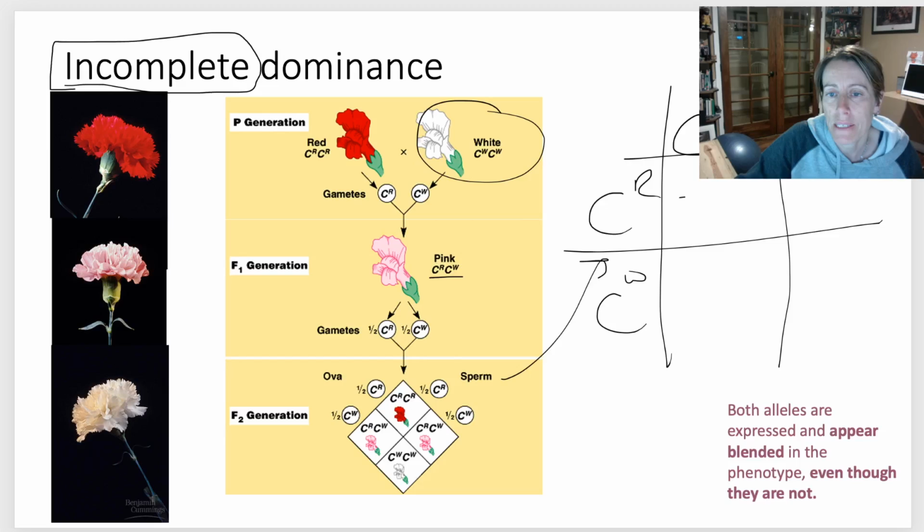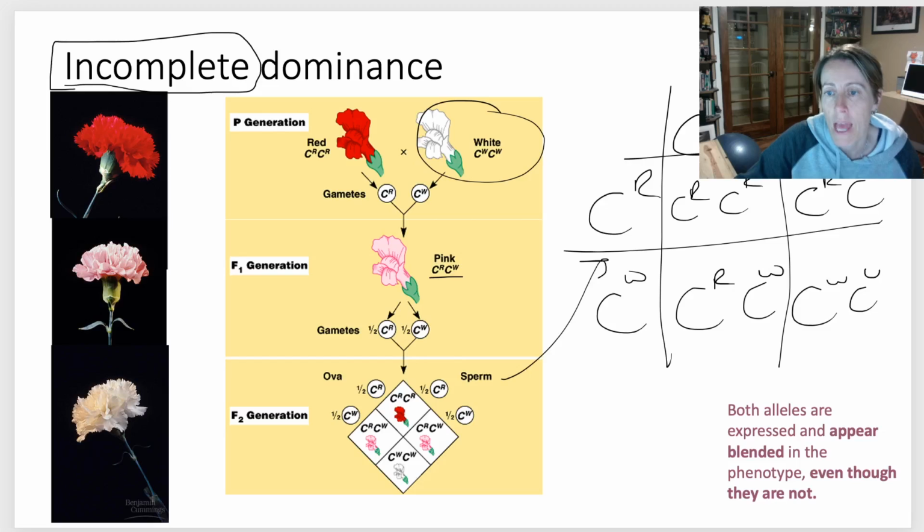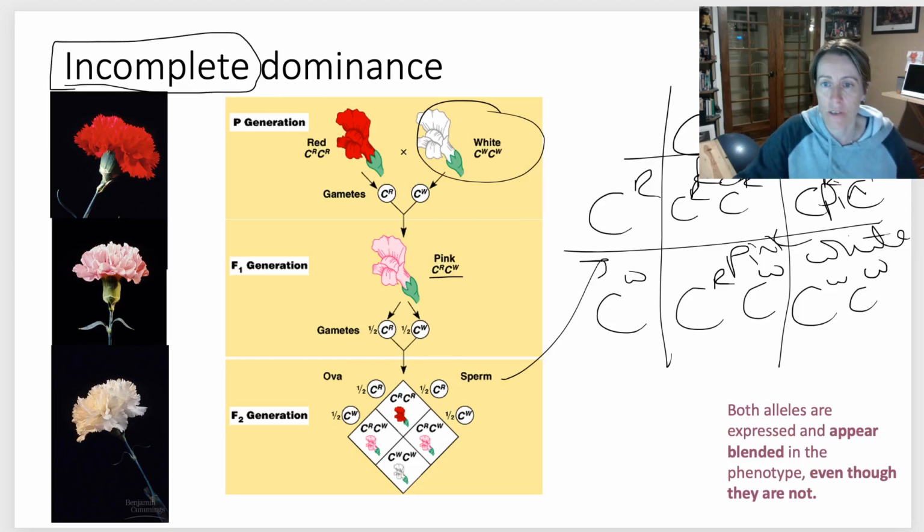And this is going to be a CRCR offspring, and this is going to be a CRCW. This is going to be CRCW, and this is going to be CWCW. And here you have one red, two pinks, and one white.